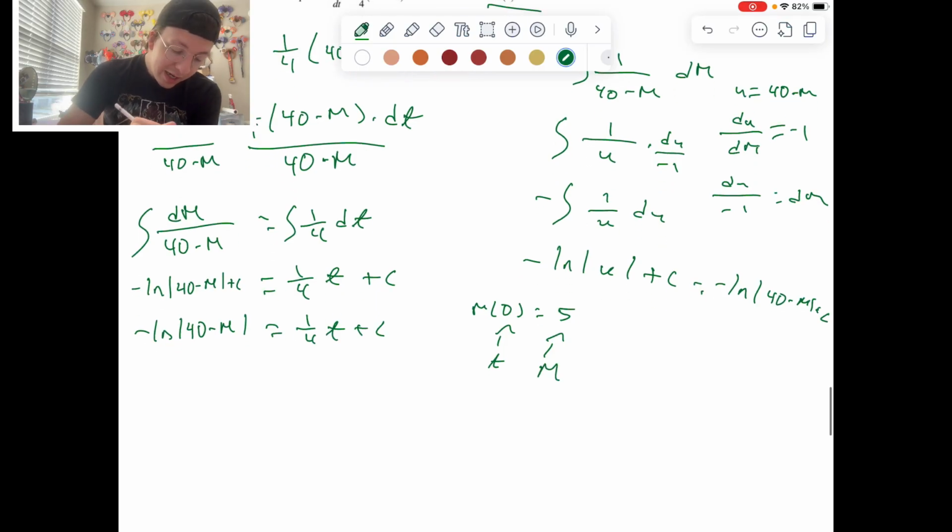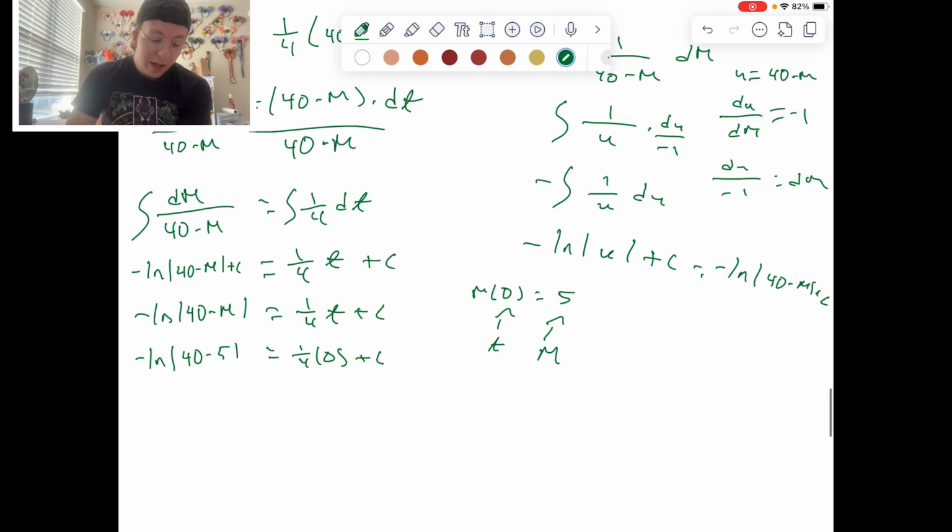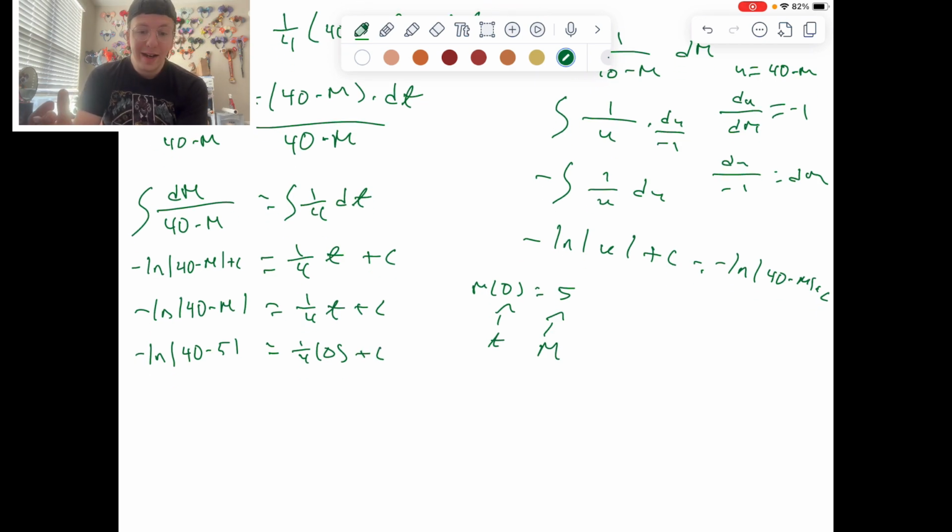So then we have negative natural log of 40 minus 5 is equal to 1/4 times 0 plus our constant. Oh, heck yeah, we can do some simplification here. 1/4 times 0 just gives us 0, and 0 plus c is just our c. Bingo.